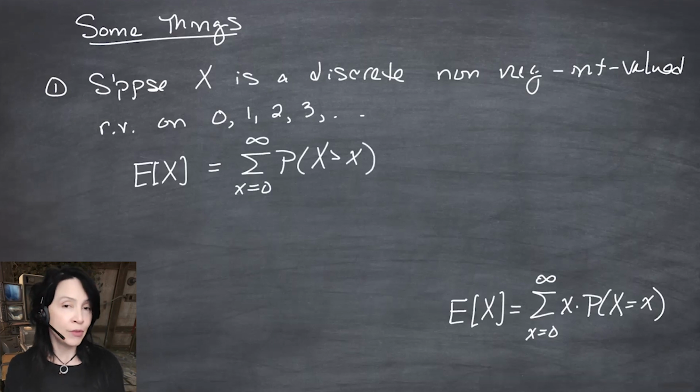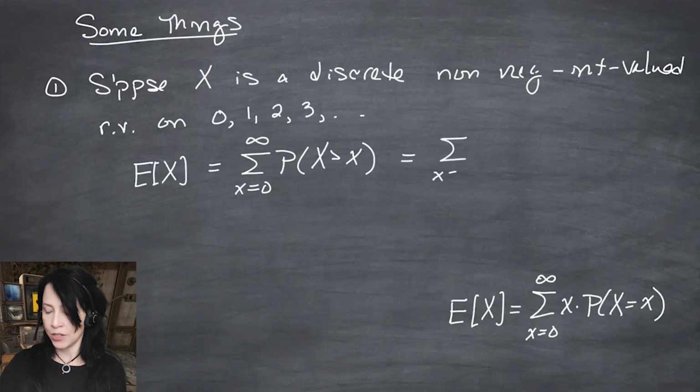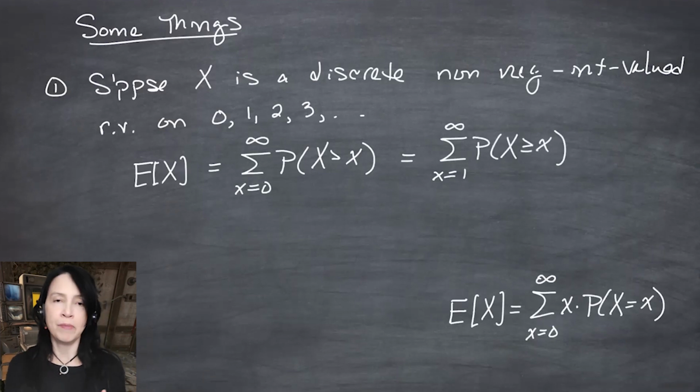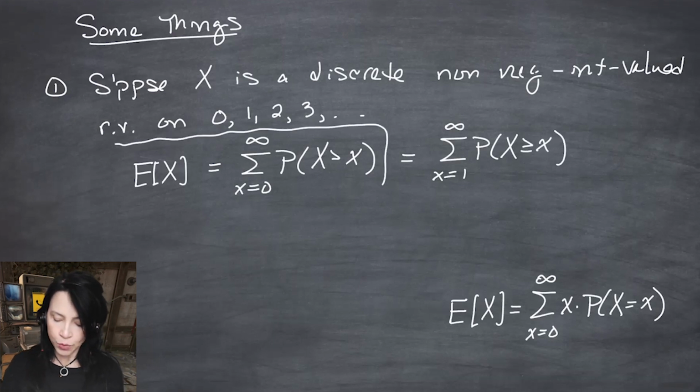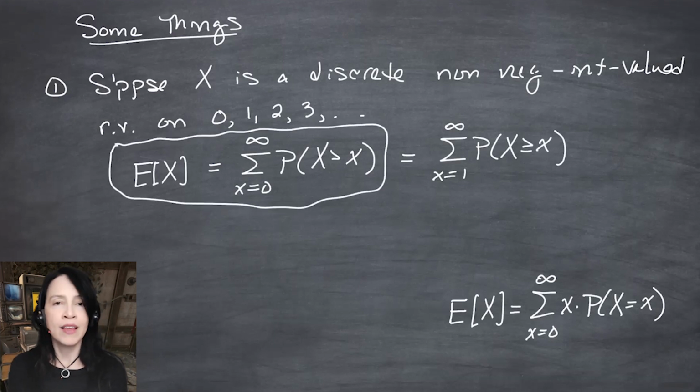Or equivalently, with a little re-indexing, the sum as x goes from 1 to infinity of the probability that X is greater than or equal to x. Those are the same thing, just a little re-indexing. I'm going to focus on this one when we prove it, and this sort of expression is going to come up in some upcoming proofs. Then we're going to be able to say, hey, that's just an expectation and work from there.